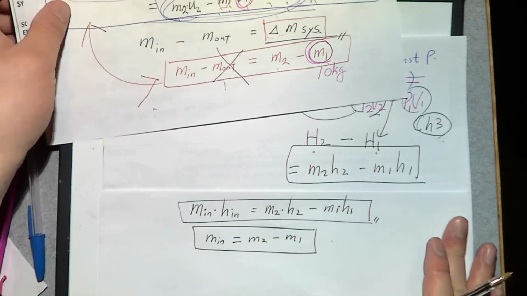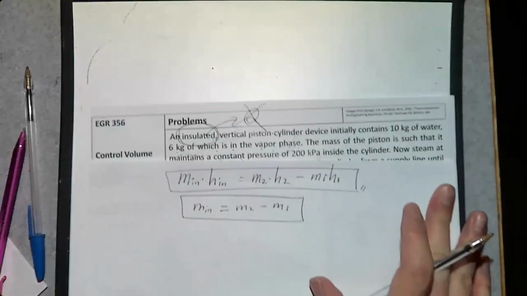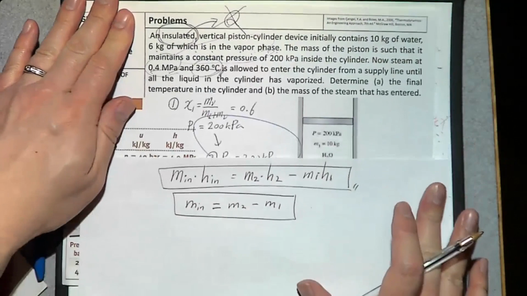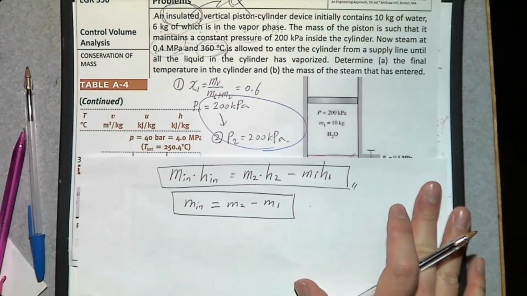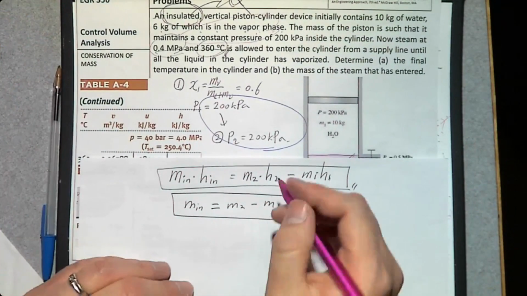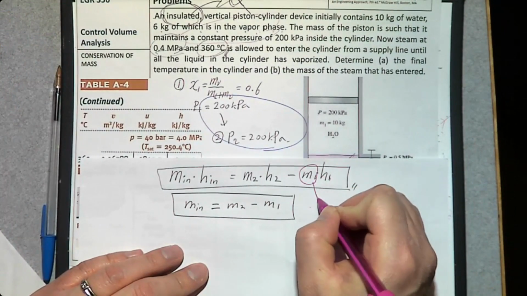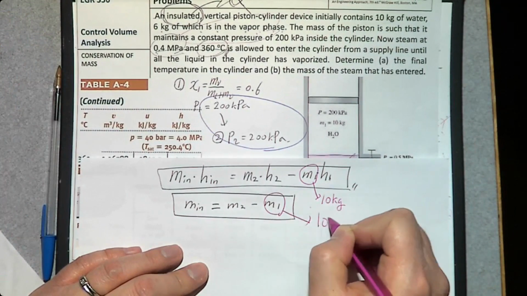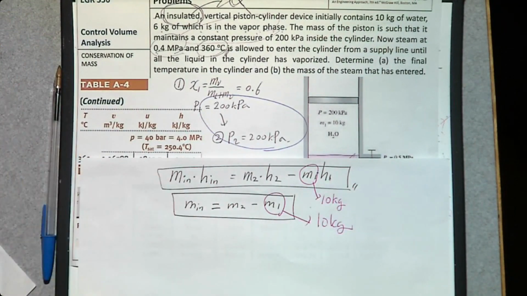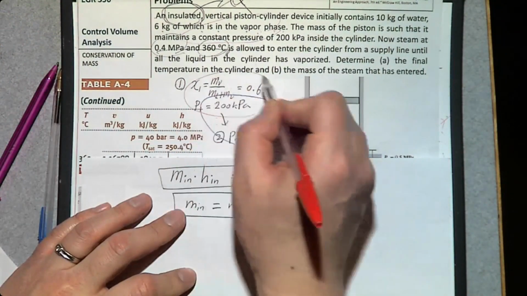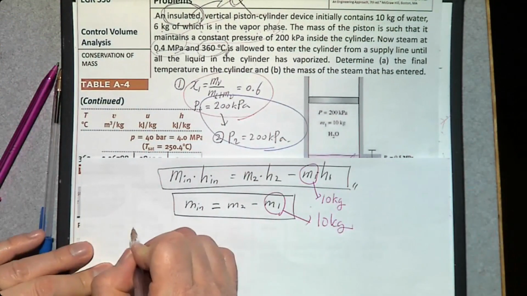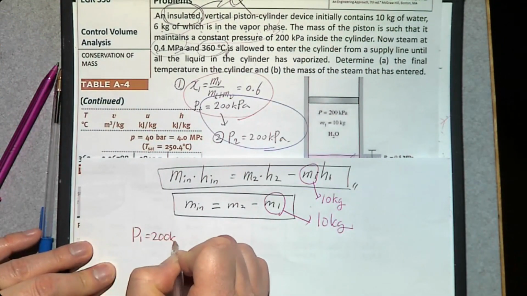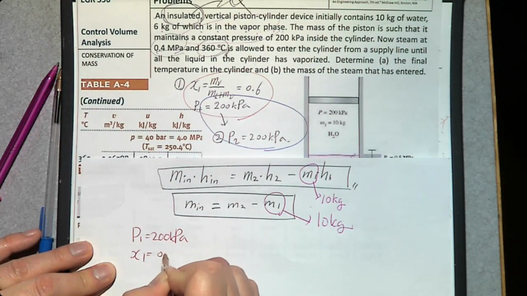Now, going back to the problem. We know the initial mass is 10 kilograms. We have information about the initial condition: P1 is 200 kilopascal, X1 is 0.6.